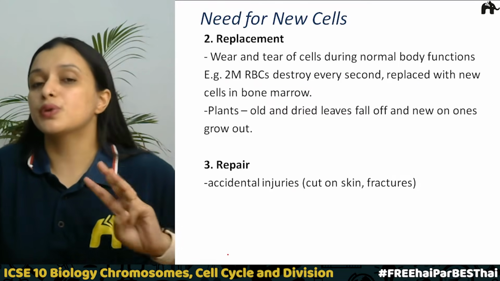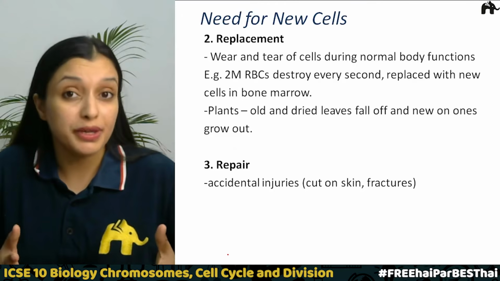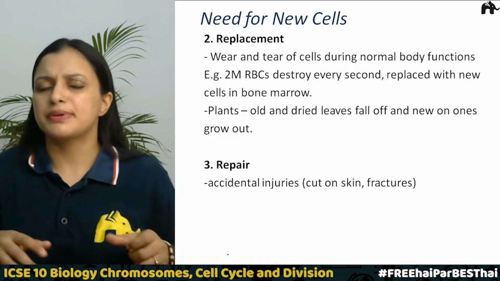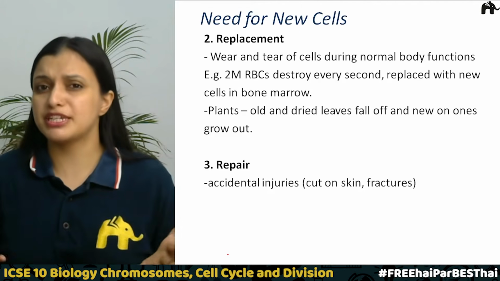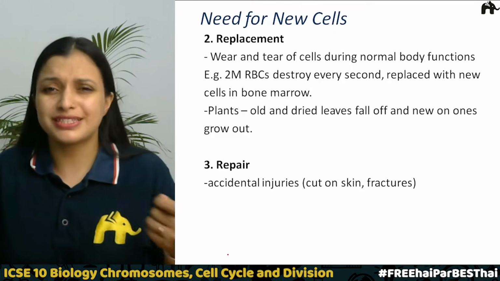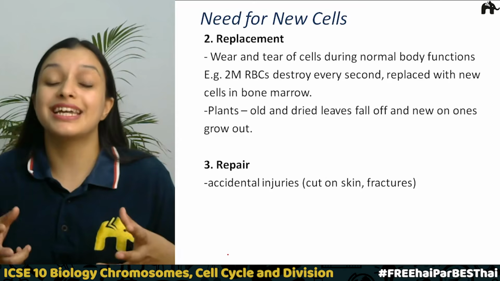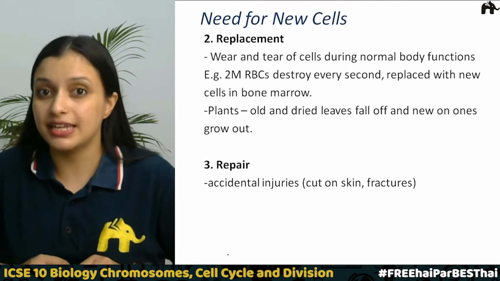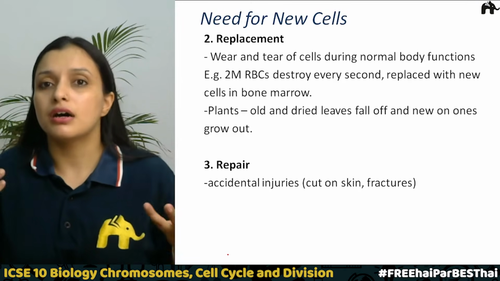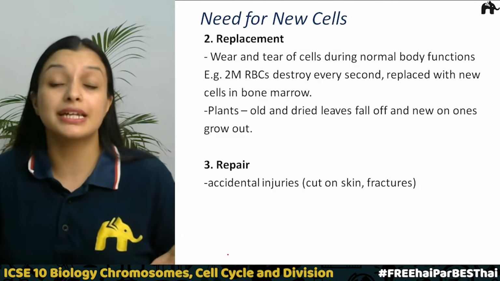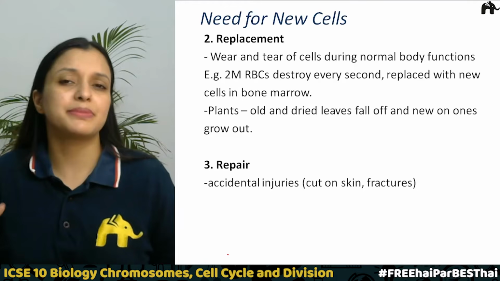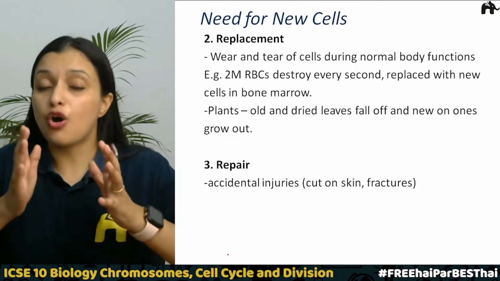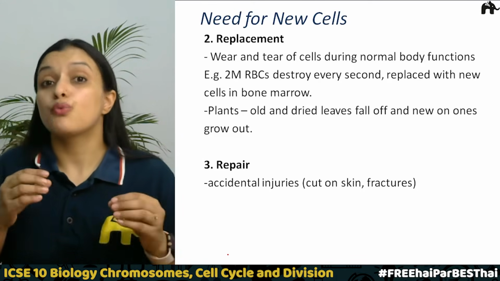Now point number 3, we need cells for repair too. Sometimes while working in the kitchen, or performing some experiment, or doing some activity, you might get a cut on your skin. And sometimes while playing, someone might get a fracture, might be in the hand, leg, or arm. In all those cases, what do we need?